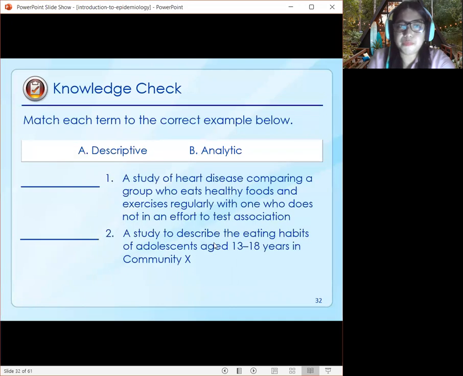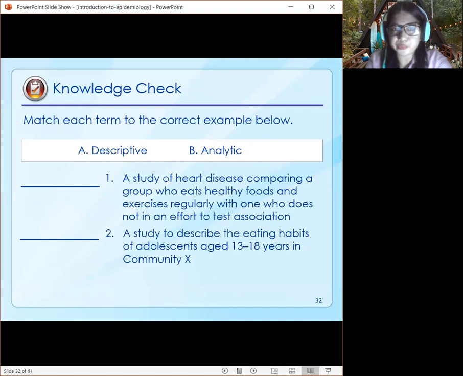Okay, let's move on. In this item, let us choose between descriptive or analytic. A study of heart disease, comparing a group who eats healthy foods and exercises regularly with one who does not, in an effort to test association.